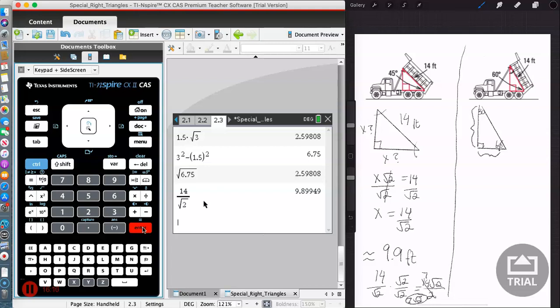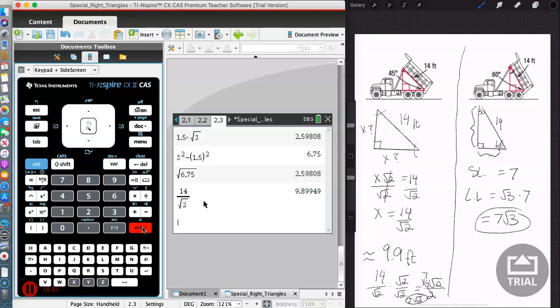Well, if the hypotenuse is 14, we know the short leg is going to be equal to half of that, so 7. The long leg is going to be equal to a radical 3 times the shortest leg, which is 7. So in better terms, we'll write it like this. And that would work for us. Easy enough. There's not a whole lot of manipulation of data because going from the hypotenuse down is super simple.